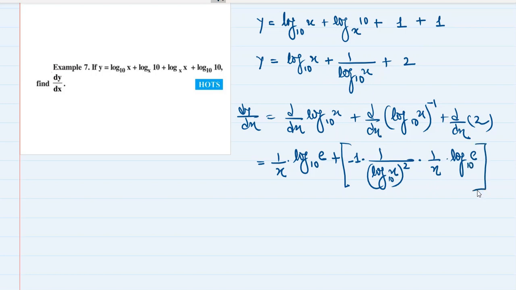Okay, so this is the final jumble plus 0 because d by dx of 2 is 0, right?